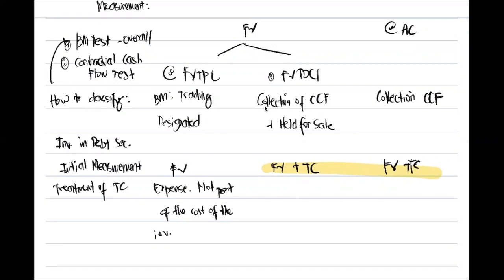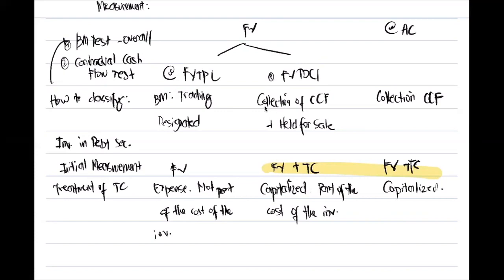While in your FVTOCI, what is the treatment of your transaction cost? It is capitalized. It is part of the cost of the investment. How about in amortized cost? It is also capitalized, meaning it is included as part of the cost of the investment.